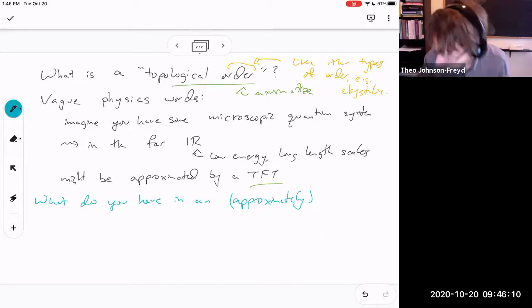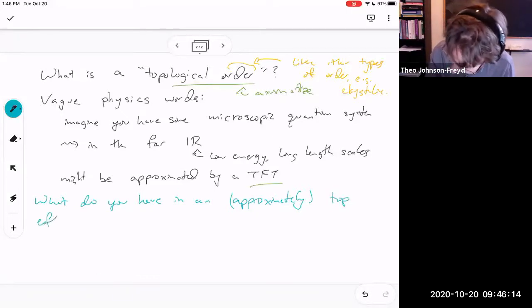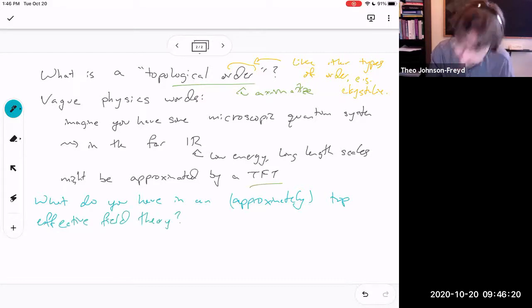So what would you have in an approximately topological, and I want to emphasize this is an effective field theory. Well, the first thing you might have, what I really mean is, for instance, what operators do you have?